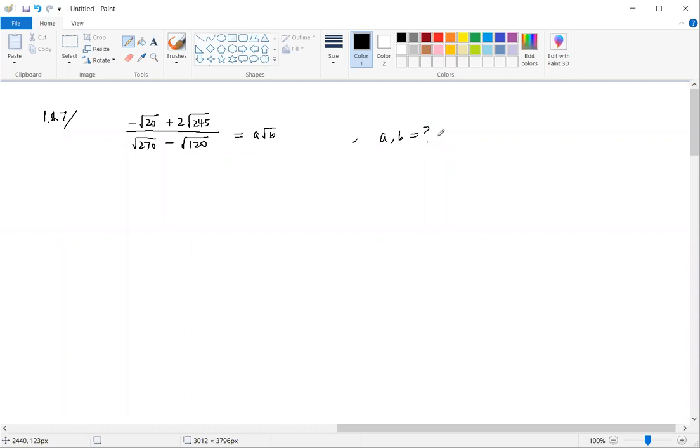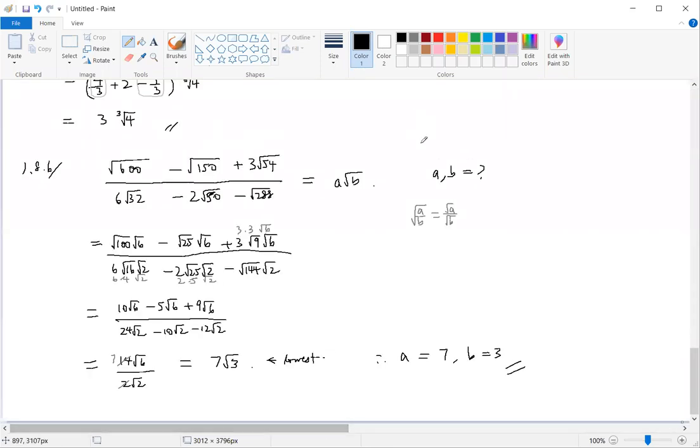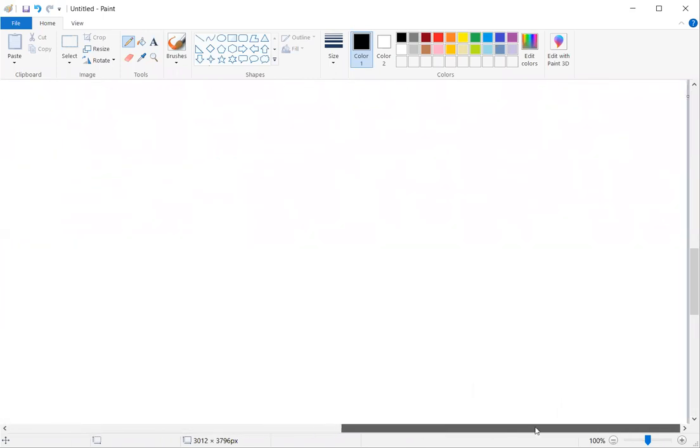Integer A, B. Yeah, previous question was also that we want integer A, B. So that's why we need to not be doing any square roots. We need them to be integer.